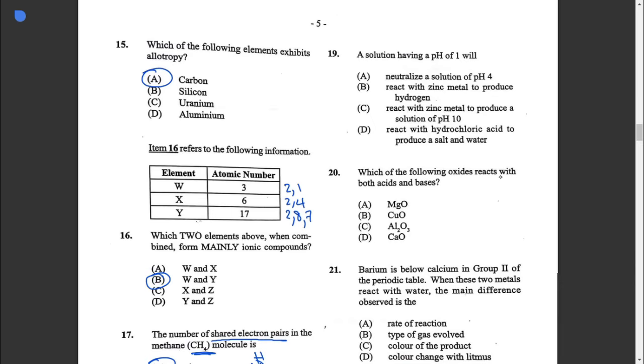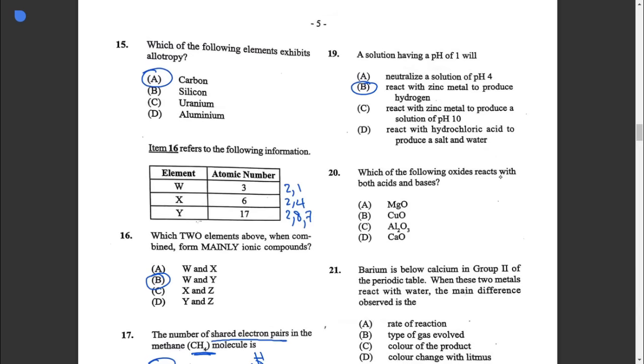That would neutralize anything, right? React with zinc metal to produce hydrogen. We know that metals react with acid to produce the salt of the metal and hydrogen gas. Okay, we know that. So we know that B is the answer, but let us look at C so that we can justify why B is our answer.